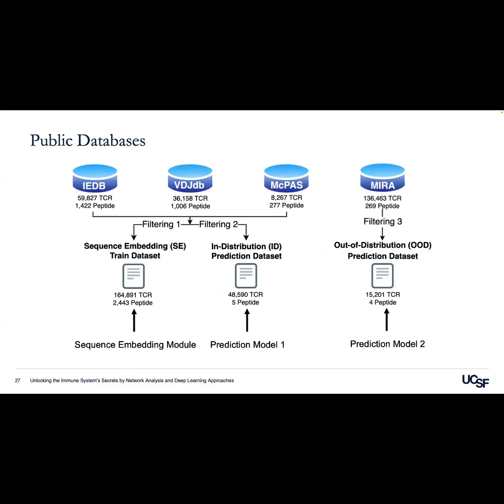We use publicly available data sets to train our model. Those are the largest databases in the world right now about TCR antigen recognition. We use IEDB, VDJdb, and McPAS as our training data sets, and use Mira as our external validation.